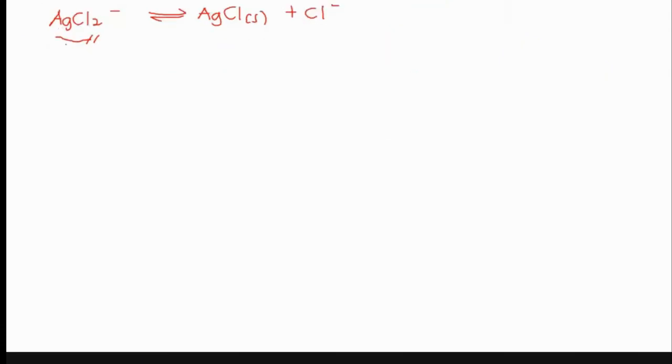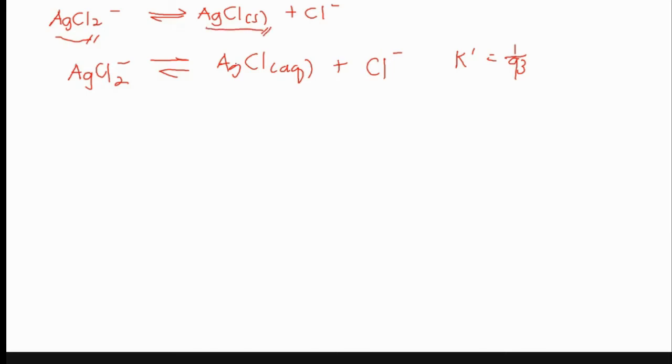Since we reversed this, the K becomes 1 over 93. Understood, guys?